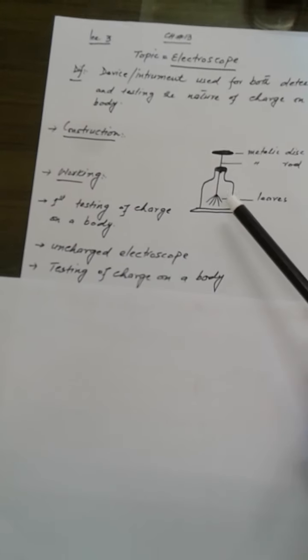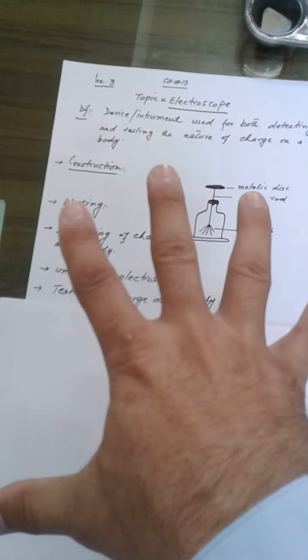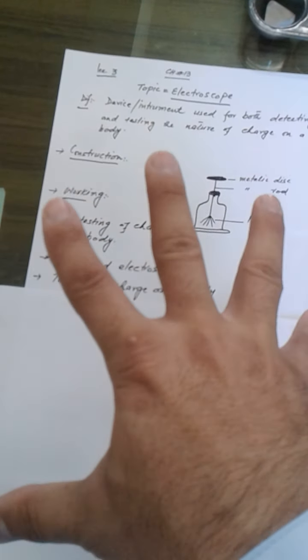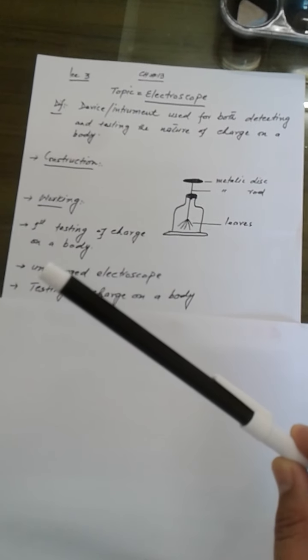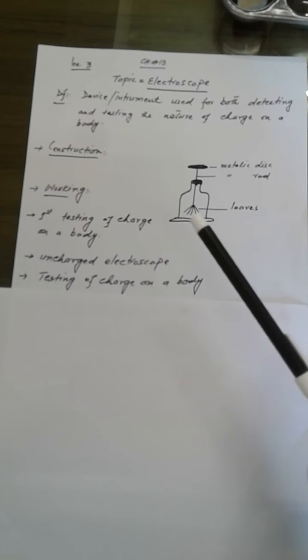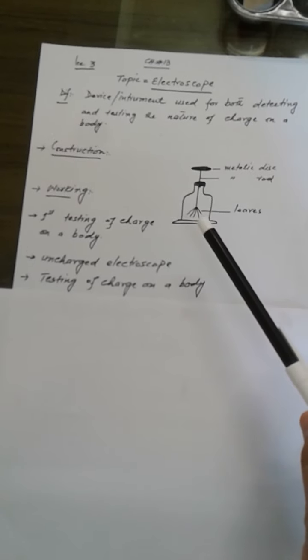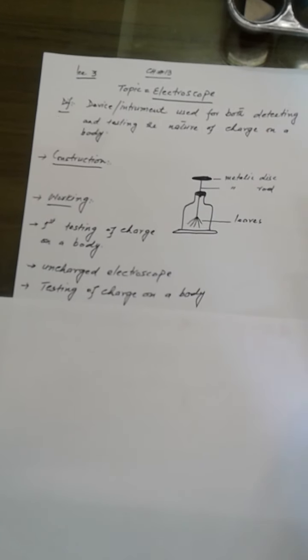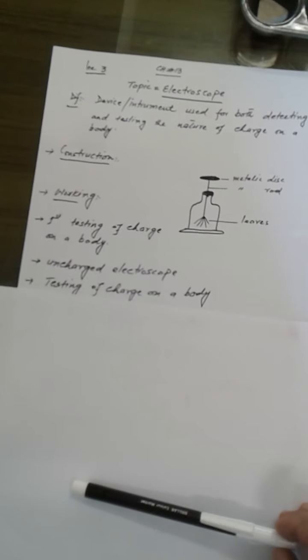If these leaves diverge, move away from each other, it means that this pen has charge. But if the leaves remain the same, no divergence occurs, it means that the pen has no charge.